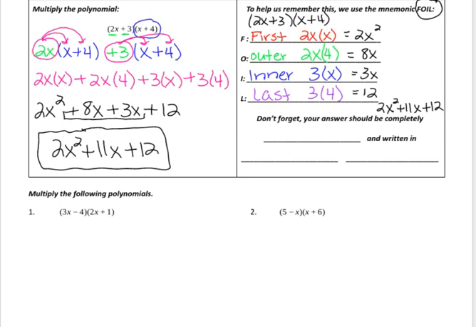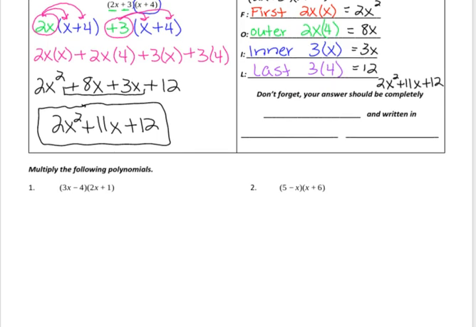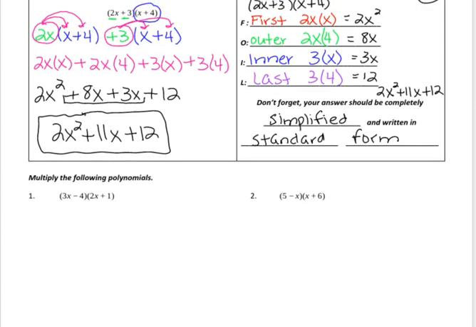All right, now don't forget your answer should be completely simplified and written in standard form. Now we're going to do a bunch of examples here to really help you guys through this because I know that this is weird.